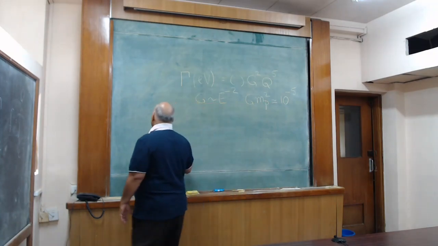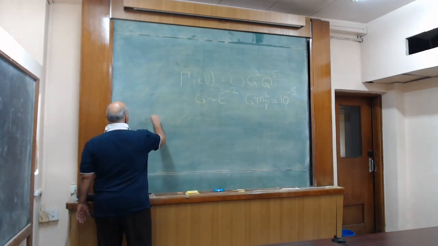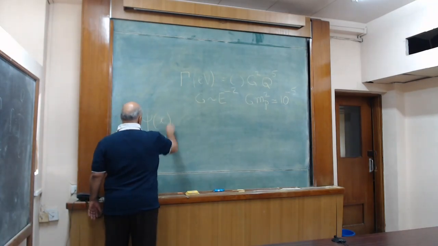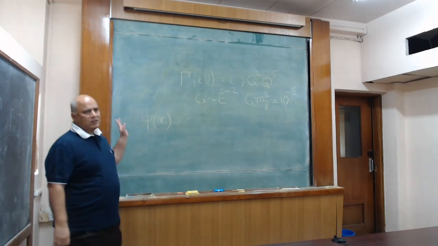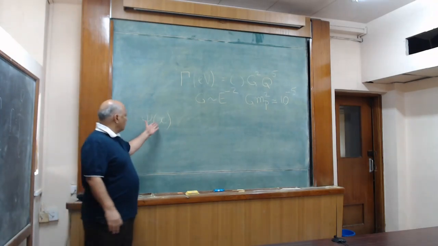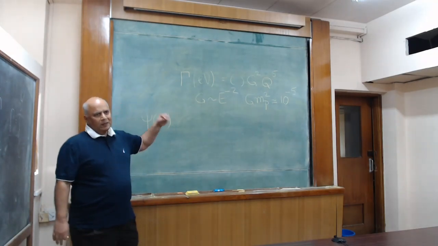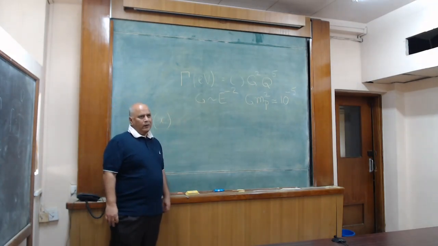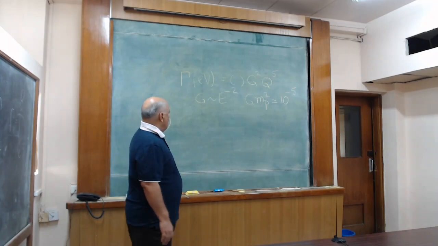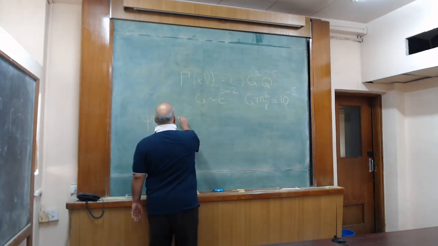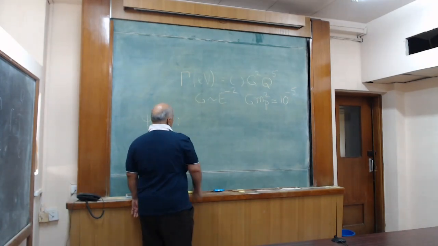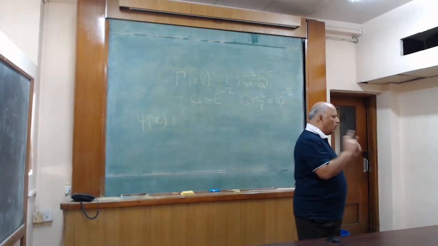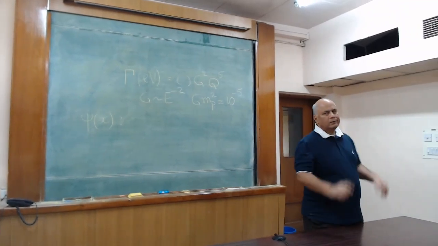There you represent a fermion by a field psi, which is a function of space and time. This x indicates both spatial coordinate and time coordinate. And this field can do one of two things.